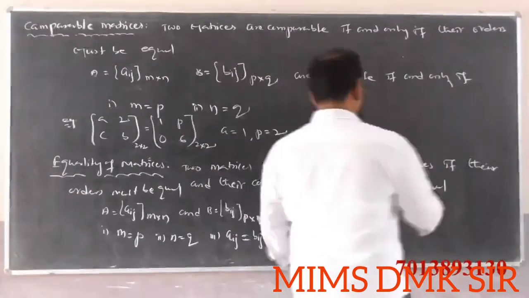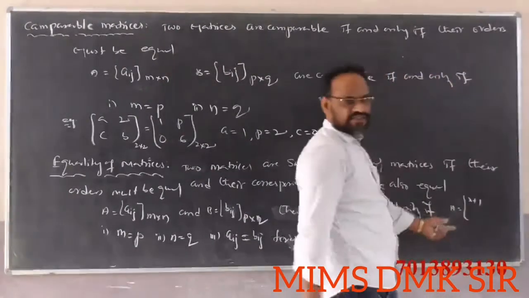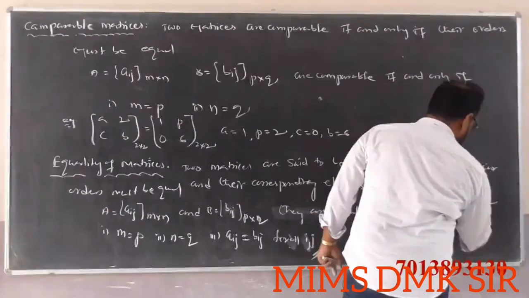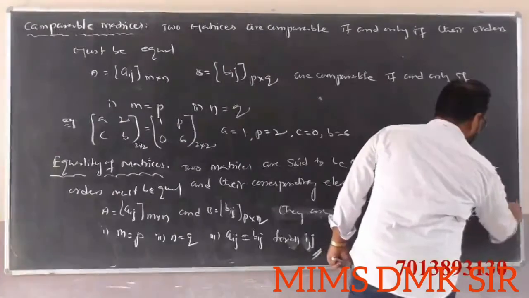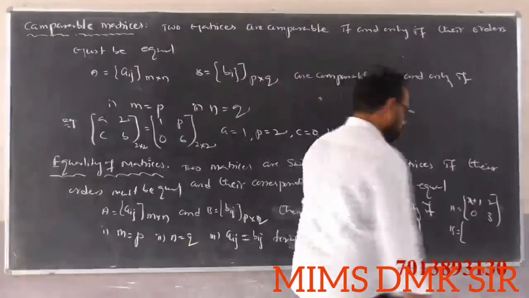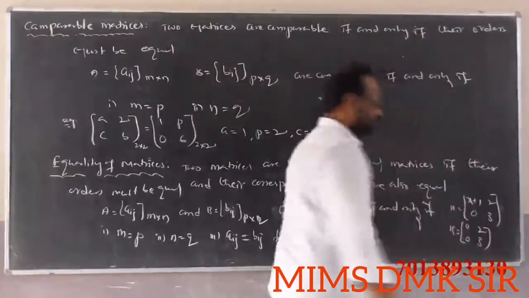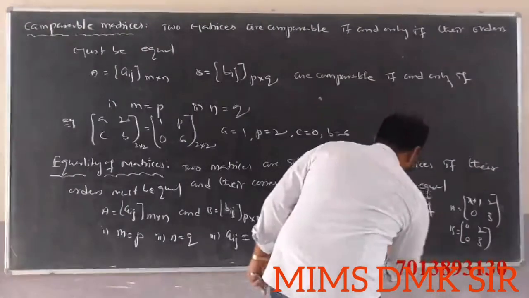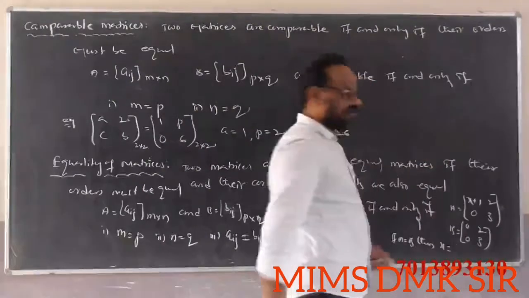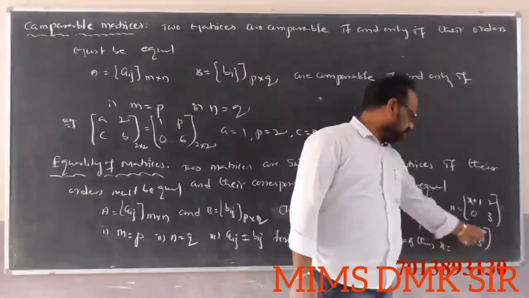Or take for example, A is equal to [x plus 1, 2; 0, 3] and B is equal to [0, 2; 0, 3].